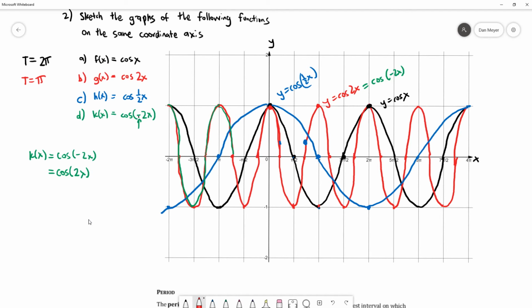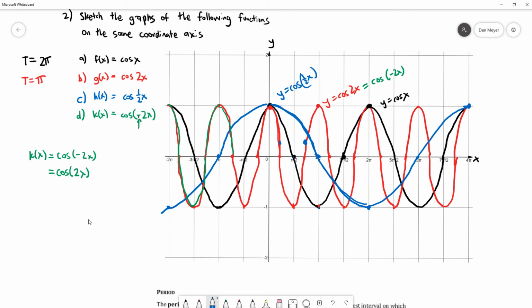Now remember, in the last example, the values of the amplitude ended up being related to that constant multiple that we started with, and we're going to see the same kind of deal here. So see if you can recognize a pattern as we're discovering these periods. For the cosine of 1/2 x, we start at 1, and then it takes the full 4 pi to get back up to 1.